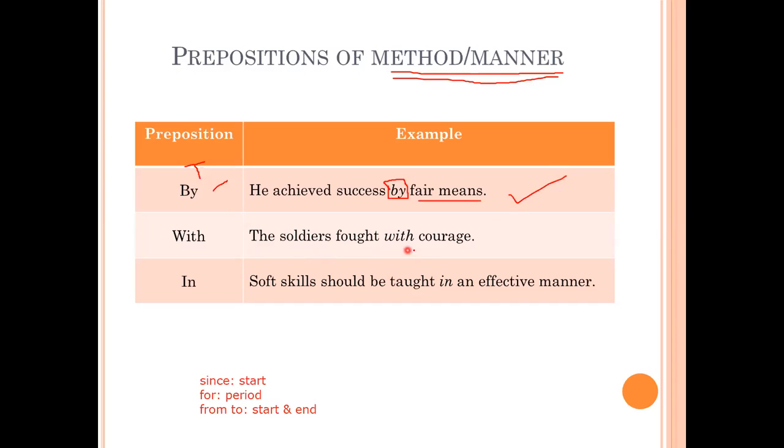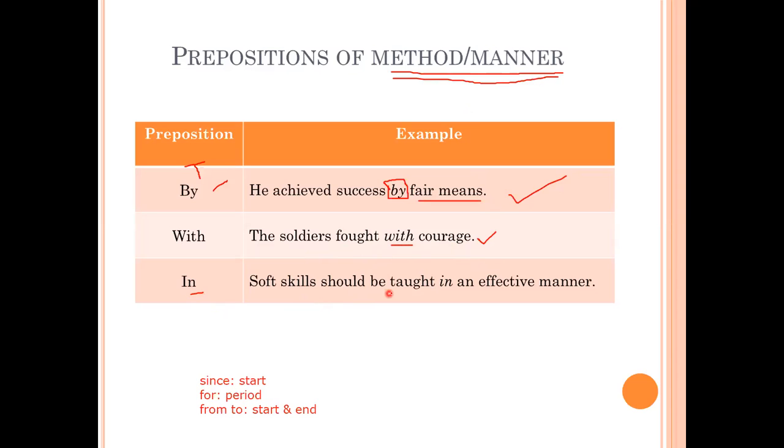The soldiers fought with courage. Here the word with: how did the soldiers fight? With courage. That describes the manner in which the soldiers fought. In, again, refers to place, to time, and to method also.